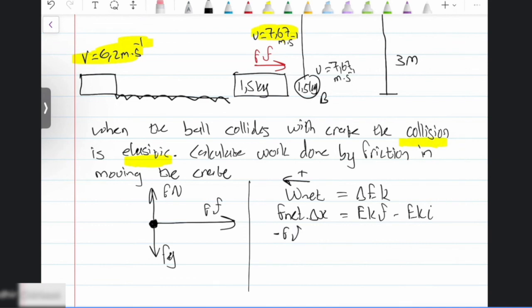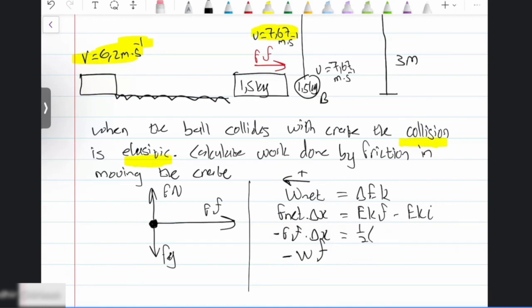This is minus force of friction times delta X, which is essentially just minus work of friction. Remember that force times displacement is work. So force of friction times displacement is essentially the work done by friction.